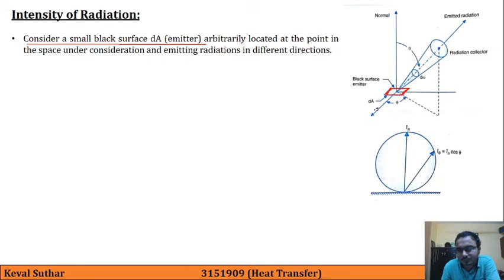This is the emitter arbitrarily located at a point in the space under consideration and emitting radiations in different directions. So this is the black surface emitter with area dA, and it is radiating in different directions.